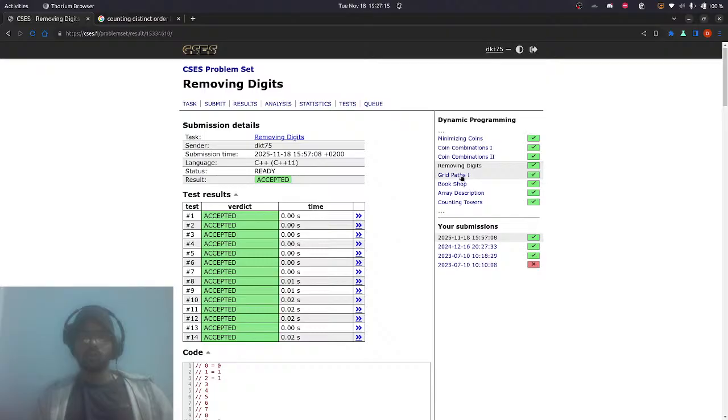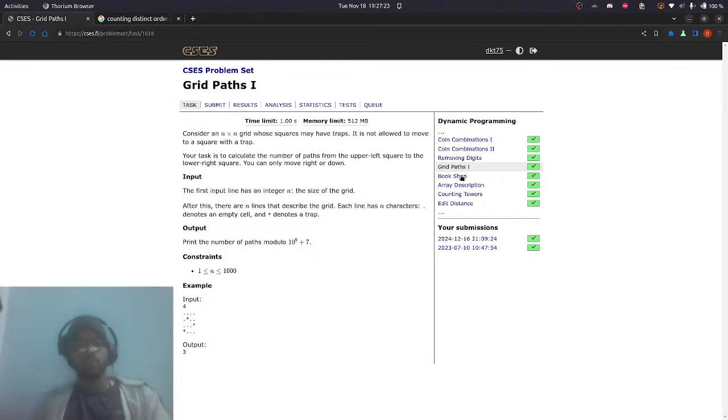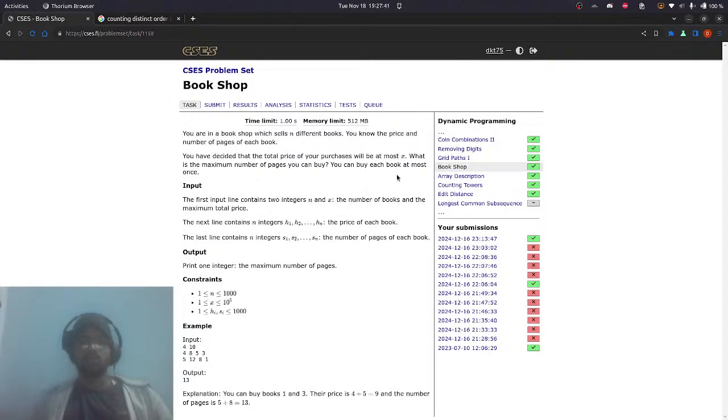Should we go for the next question? Yeah, let's just see it. Grid paths. We'll leave it for tomorrow, I think. I can solve it, but I don't want to.